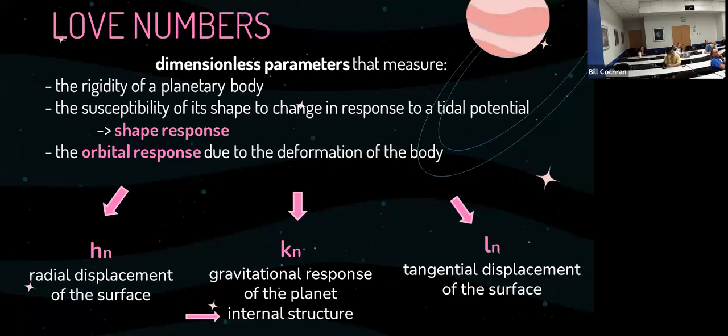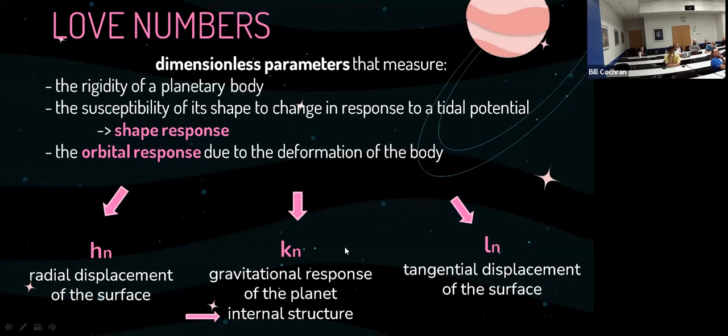So these 3 series of parameters are called Hn, Kn, and Ln, and they start from order 2, which is the biggest. In particular, we are interested in Kn, but there have been studies to measure the H parameter from the transits, but this is not what I did.